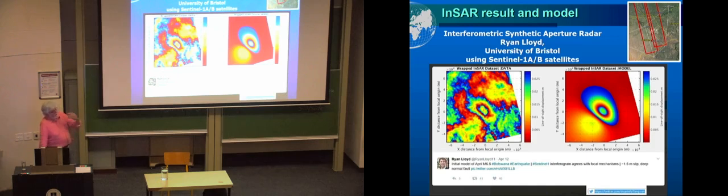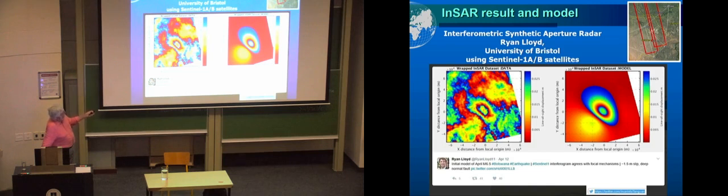If you have radar satellites which pass more than twice over the same point on the Earth's surface in succession, you can actually measure centimeter to millimeter differences in the surface there.